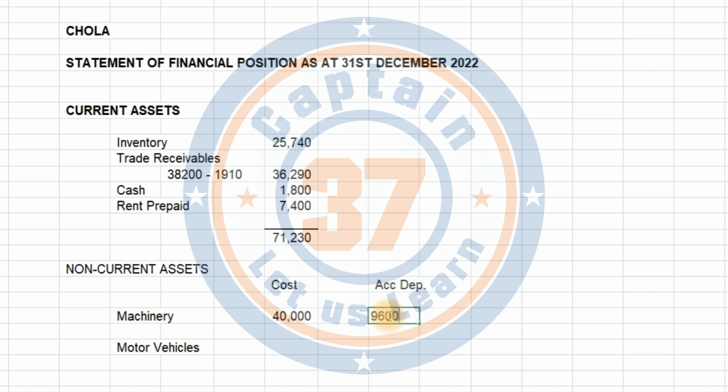But also take note that in the trial balance, there's a provision for the depreciation of the machinery, and that was 1,600. So we need to calculate this 9,600 and add it to the 1,600. So we pull out our calculator.